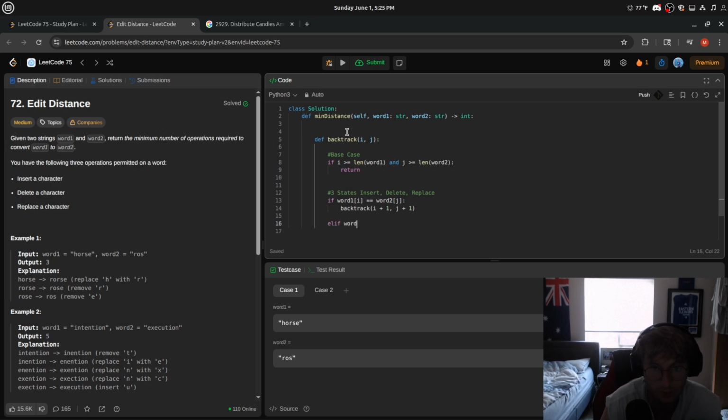Else if word1[i]... I guess we'd have an else here. Probably an else. We do if it's not equal, right? Which would be all of them.